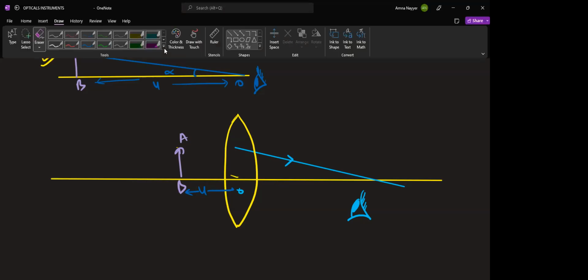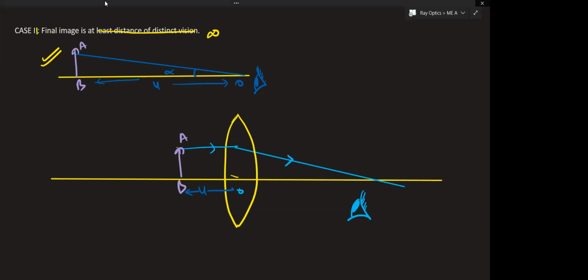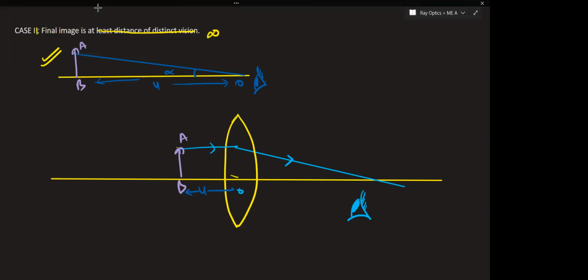Rays will come and pass through the optical center.